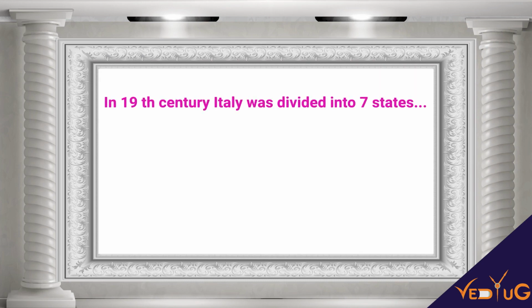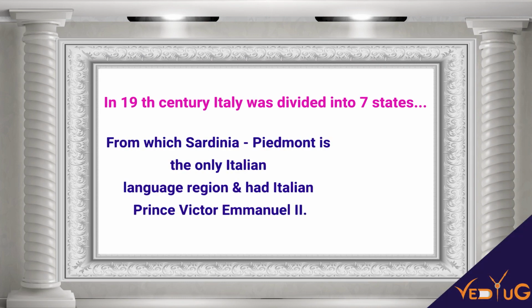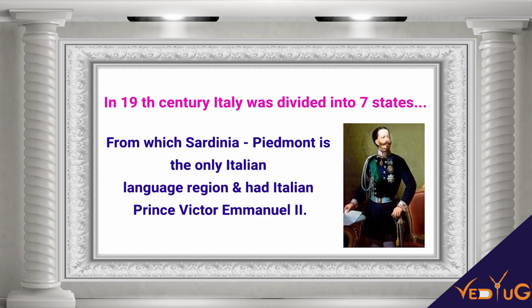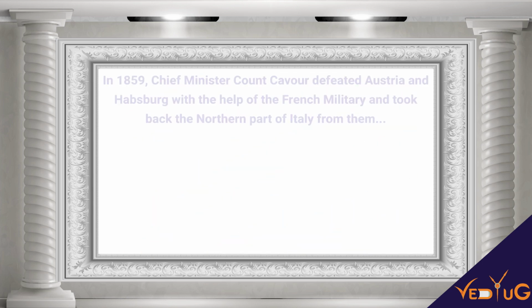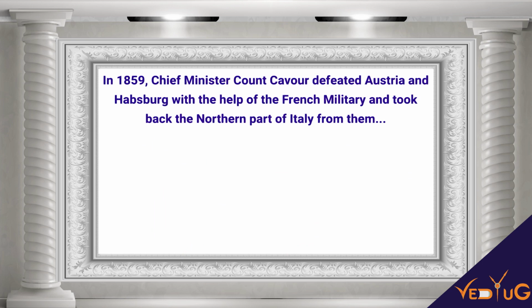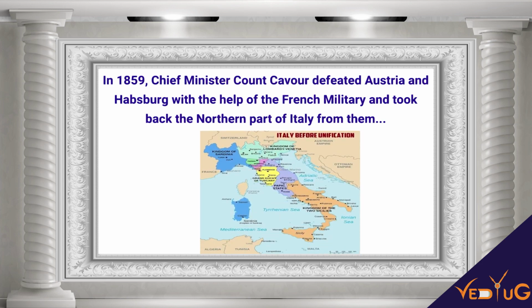Now let's see how Italy got unified. So in the 19th century, Italy was divided into 7 parts and Sardinia-Piedmont was the only Italian-speaking region having an Italian prince, Victor Emmanuel II. The chief minister, Count Cavour, formed an alliance with France and defeated Austria and the Habsburgs in 1859, and he withdrew the northern part of Italy from them.